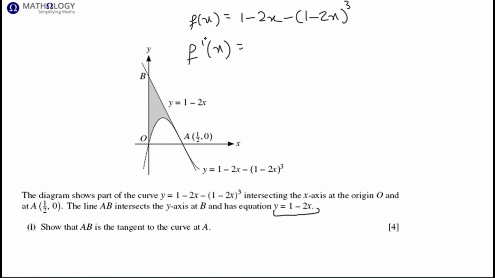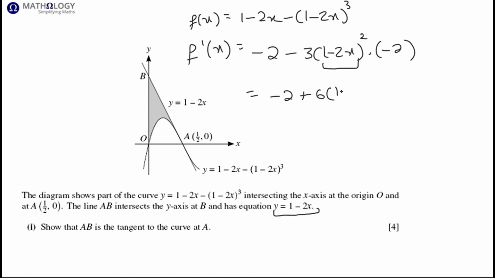Okay, so finding f prime x, the gradient function, the first derivative of f of x, gives us minus 2 minus 3 times (1 minus 2x) all squared. And using the chain rule, we have to multiply by the derivative of 1 minus 2x, which is minus 2, and equals minus 2 minus 3 times minus 2, which is plus 6, times (1 minus 2x) all squared.